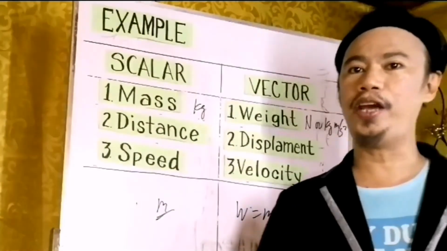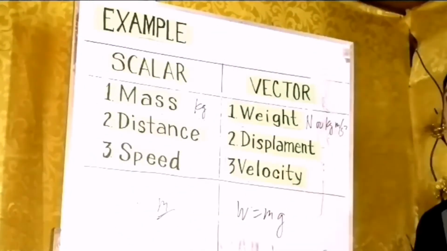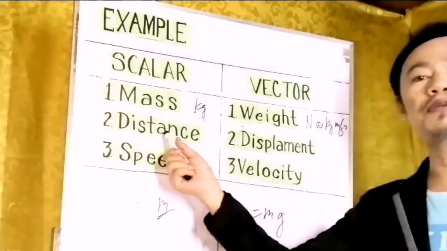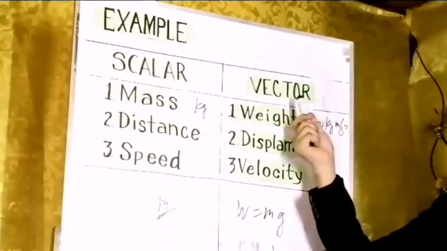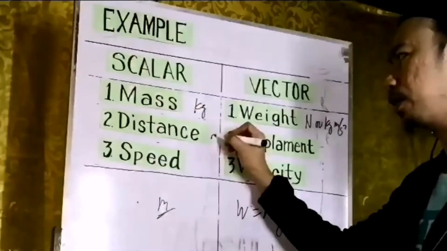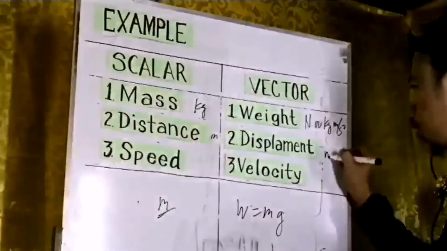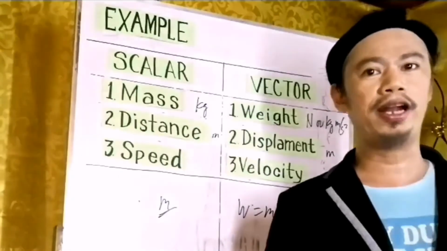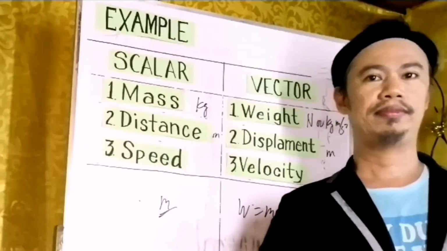Now, let's have another example, the distance and displacement. Scalar quantity for the distance, displacement for the vector. The unit for distance is meter. The unit for displacement is also meter. However, there is a direction in displacement.